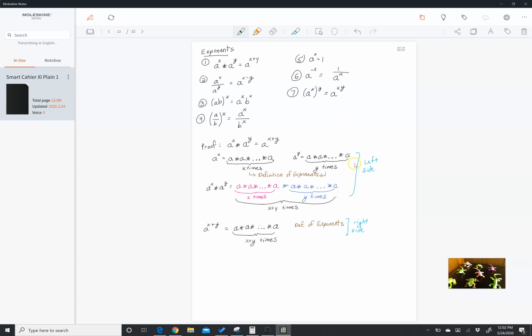So now what we have is the left side is equal to the right side. A to the x times a to the y is equal to a to the x plus y. They're equal to the same thing, okay? If they're both equal to the same thing, then they're equal. So we can make that conclusion.